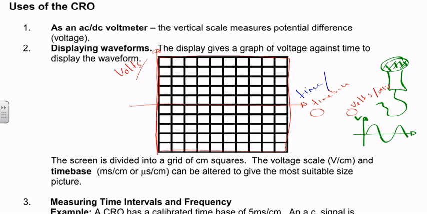Let's say we had a time of 4 milliseconds per centimeter. Then every one of these centimeter divisions is going to be 4 milliseconds. If the volts was measured in 1 volt per centimeter, then every one of these centimeters going up will be 1 volt.